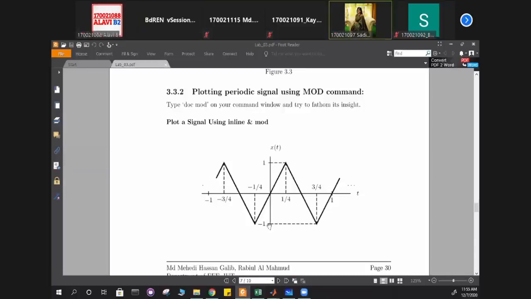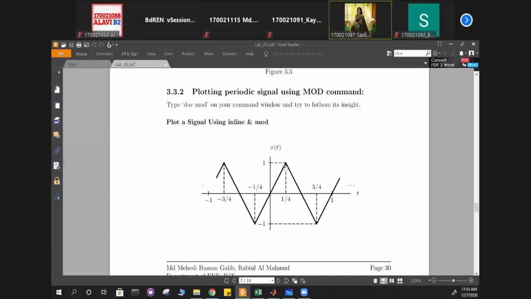Yes, sir. So basically you can do this for other periodic signals also. Now you have the coordinate here 0, 0, and the coordinate here as 0.25, 1. So 97, are you there? Yes, sir. If we have these two coordinates, can we find out the equation of this straight line? Yes, sir.